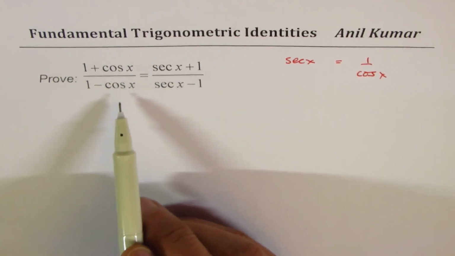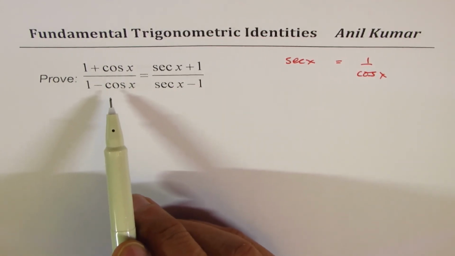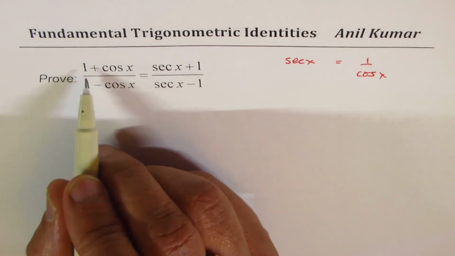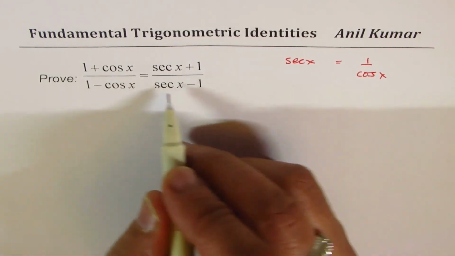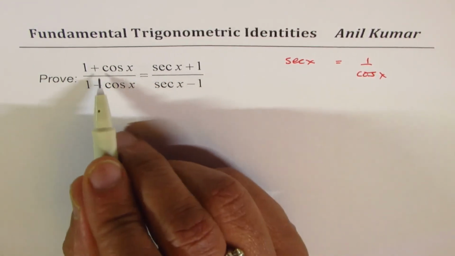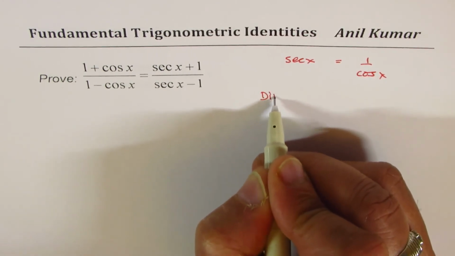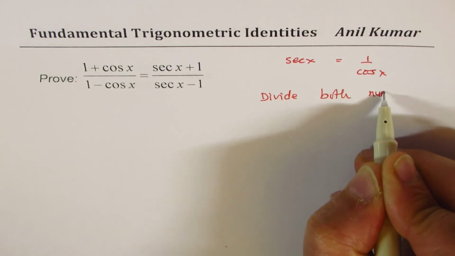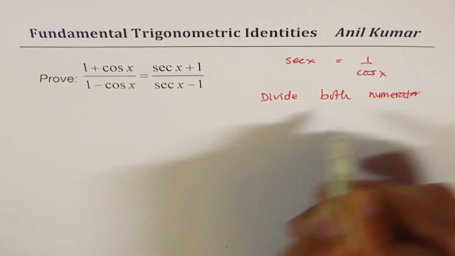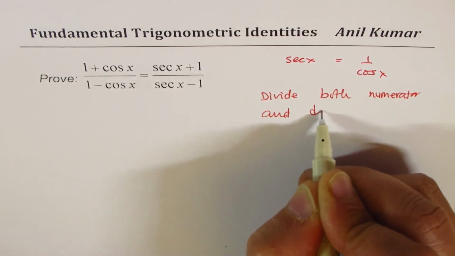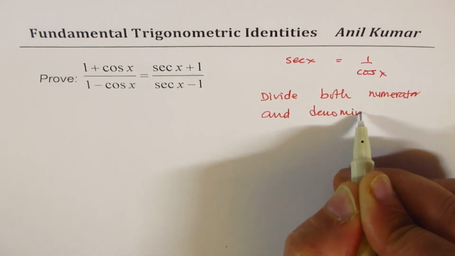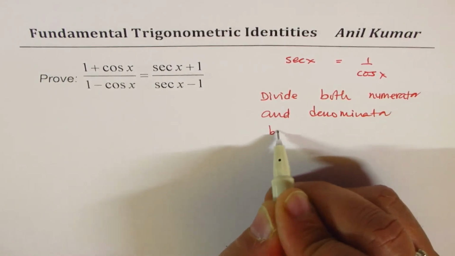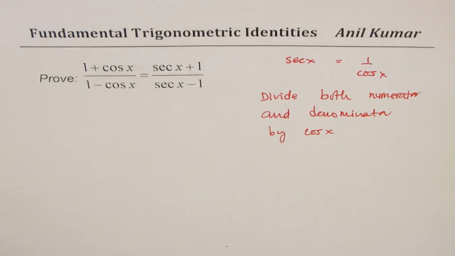But in this case, we are going to show you another very important strategy, and that is, we'll divide both numerator and denominator by cos x, right? So we can say divide both numerator and denominator by cosine x. See what happens.